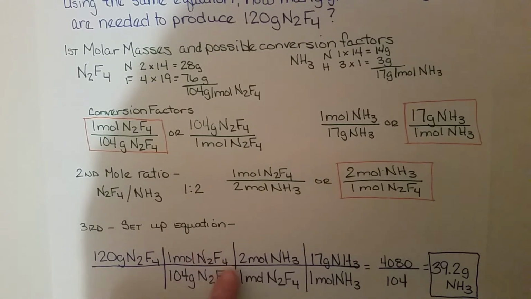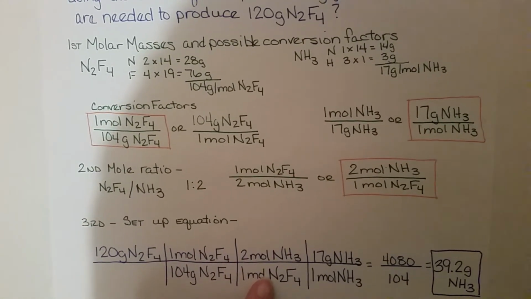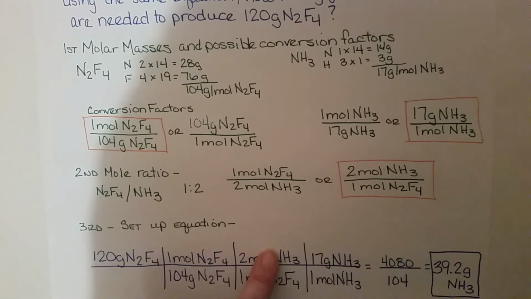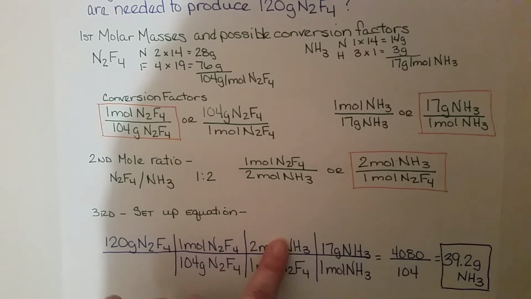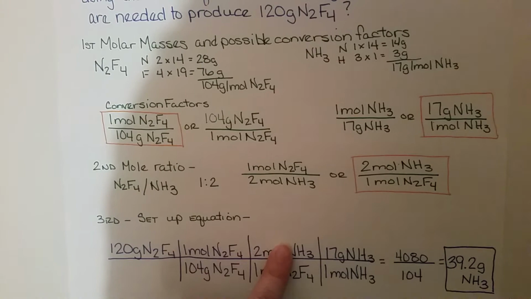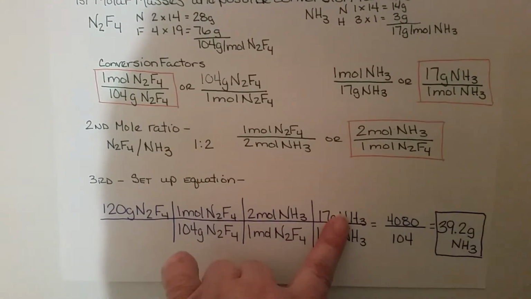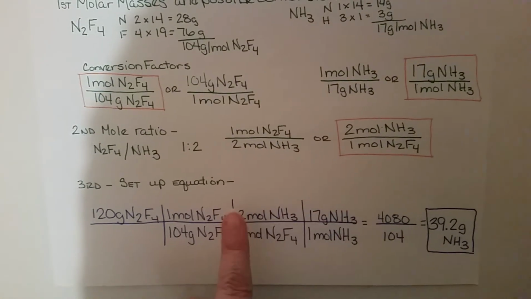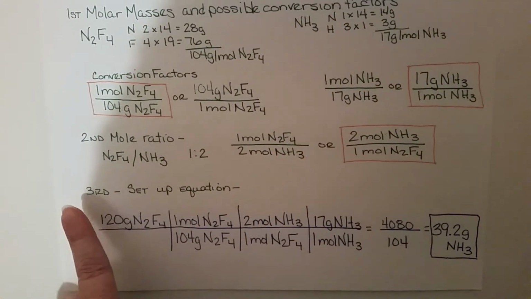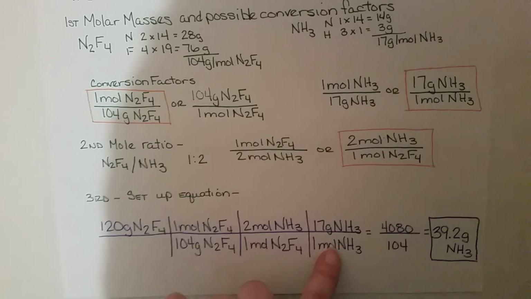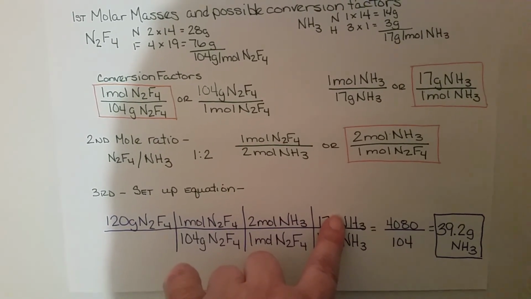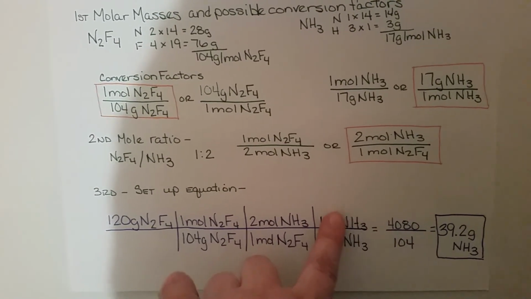You're going to put N2F4 on the bottom so I can cancel it out, and I've now moved to moles of NH3. Then I have to convert moles of NH3 back to grams to get my answer. So in this case, I put 1 mole of NH3 on the bottom, 17 grams of NH3 on the top.